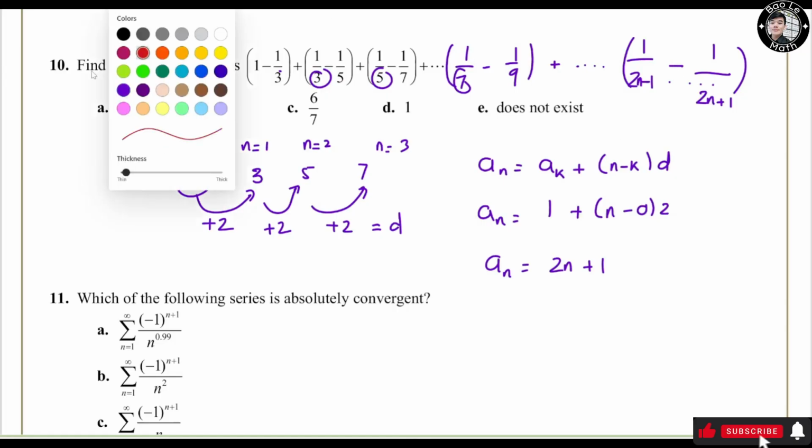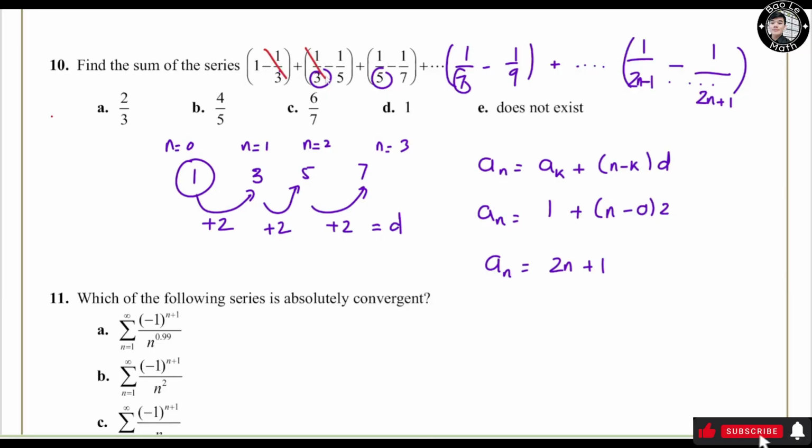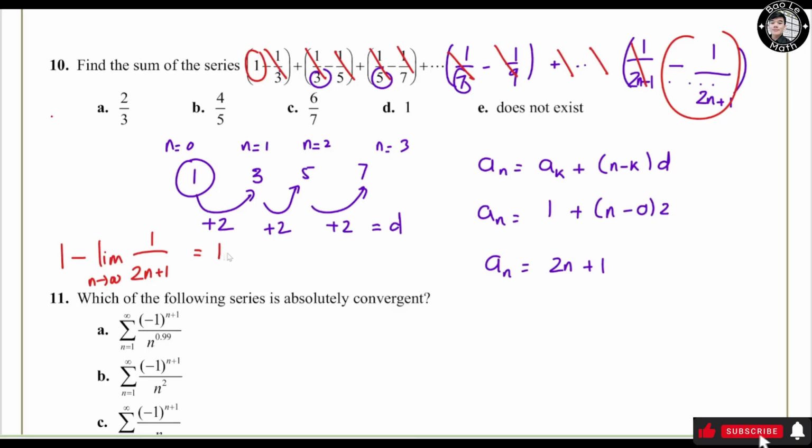So this cancels out, this cancels out, this cancels out. This term and the term before it cancel out, so we only have this one and this one left. So it's going to be 1 minus the limit of 1 over 2n plus 1 as n approaches infinity. The bottom approaches infinity, so it could be 1 minus 0, which is 1. So the answer is D.